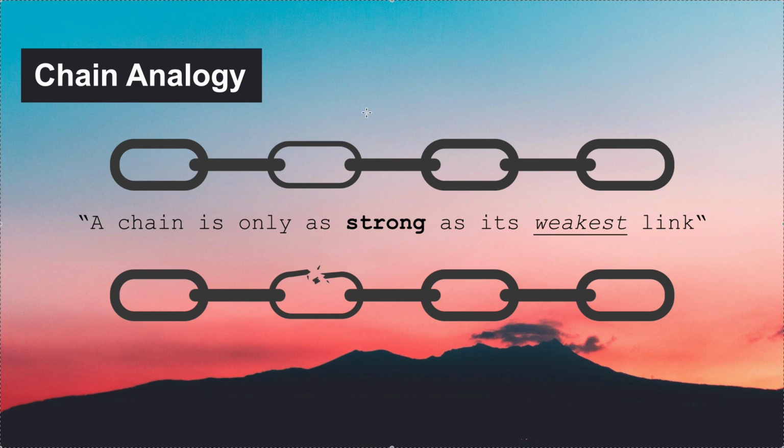Now, what happens when we apply force on both ends in the opposite direction? Obviously the chain will break, and we know for certain that it will break from this link because it's the weakest of them all. So, as I have written it down here, a chain is only as strong as its weakest link.